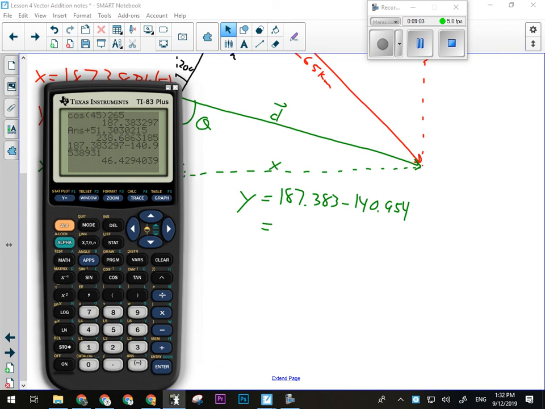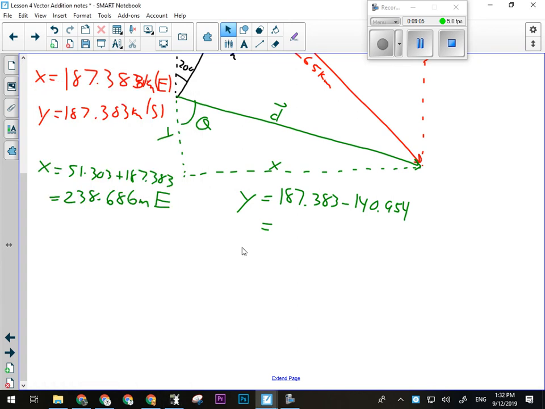All right, so my y resultant is 46.429. Okay, and that's kilometers, and that one is south. All right, so now that I've got the sides of my resultant's triangle, then I do Pythagorean Theorem.